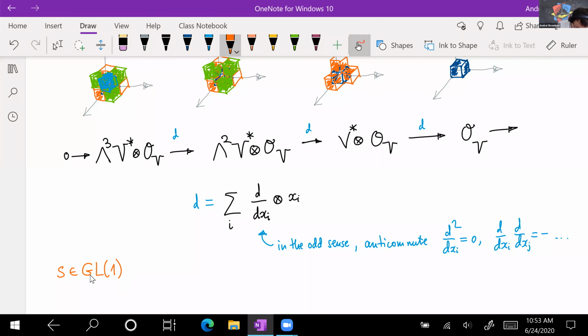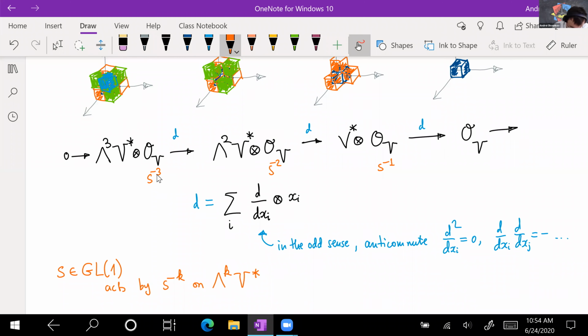And so in principle it acts by s to the minus k on the dual space, because it's the center. It acts by -1, and so on the kth exterior part of the dual space it acts like this. But since it acts by a scalar, we might as well move that scalar to the other side of the tensor product. So I'll just write it here by s^-1, s^-2, s^-3.